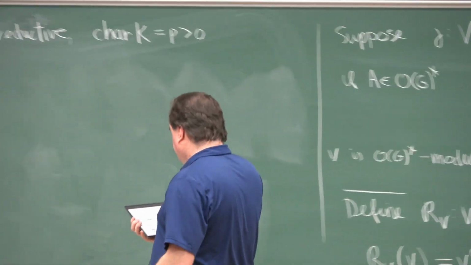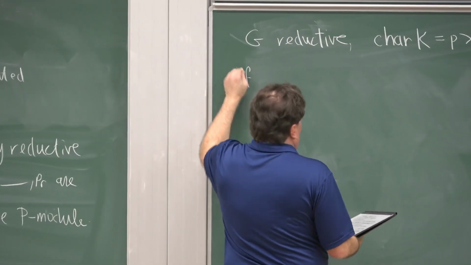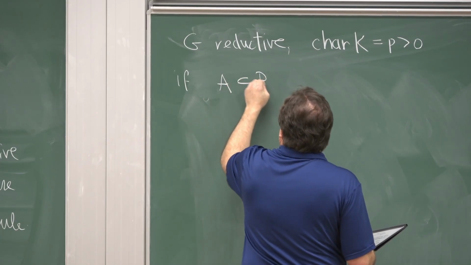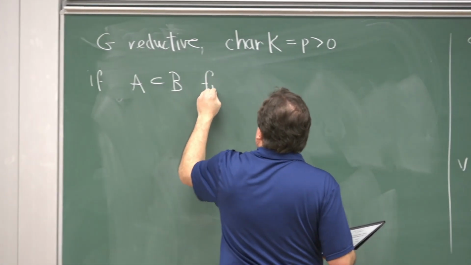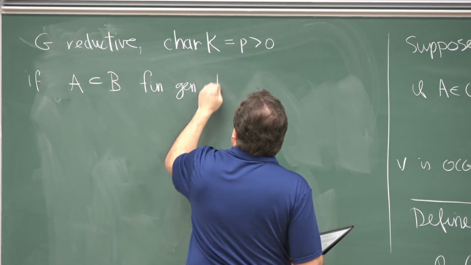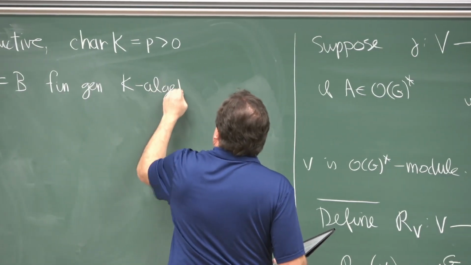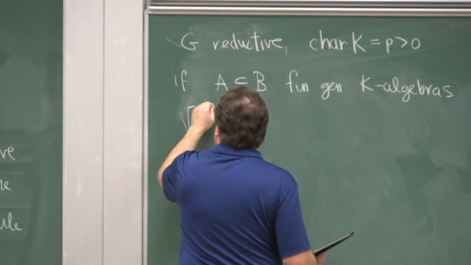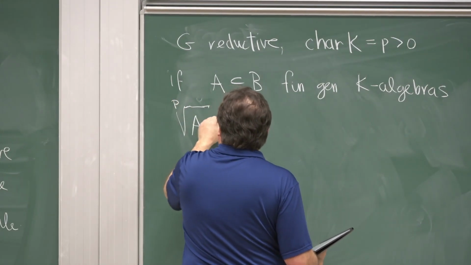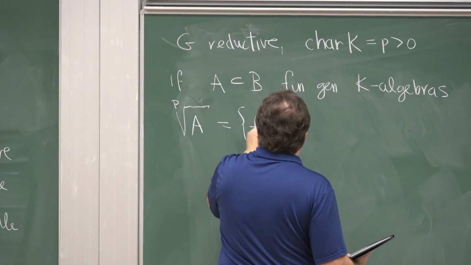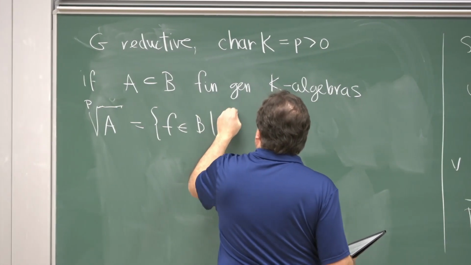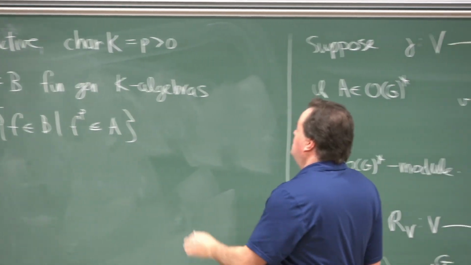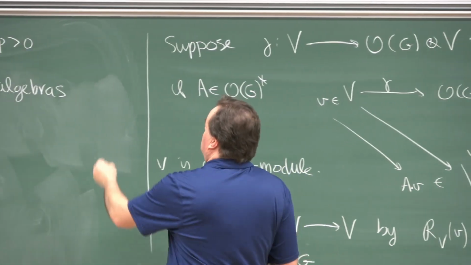But anyway. If A, let's say we have two finitely generated K-algebras, I just need some definition here, then maybe like the pth root of A is the set of all f in B such that f to the power p lies in A. Let's say K is algebraically closed.